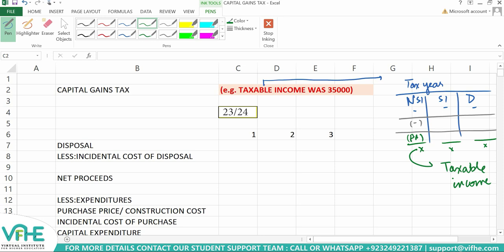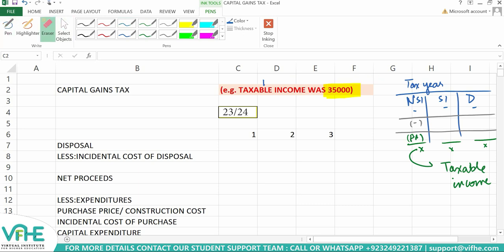And we all know that first of all, the rates are applied on non-savings income, then we apply the tax rates on the taxable figure of savings, and afterwards the tax rates are applied on taxable income of dividends. And in this question, it is said that the overall taxable income of this individual is £35,000.